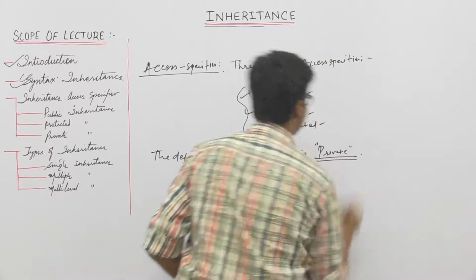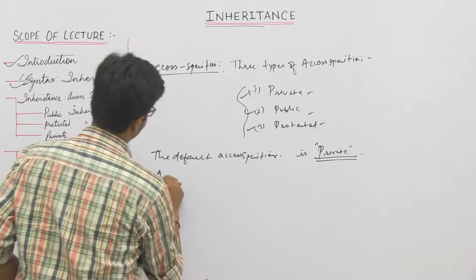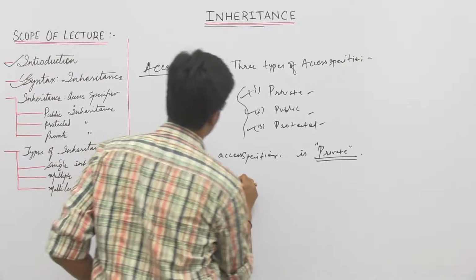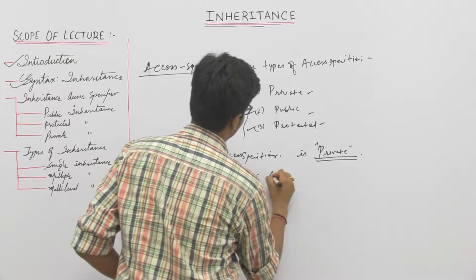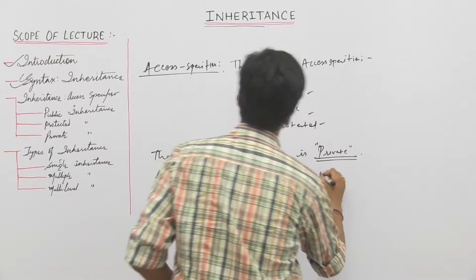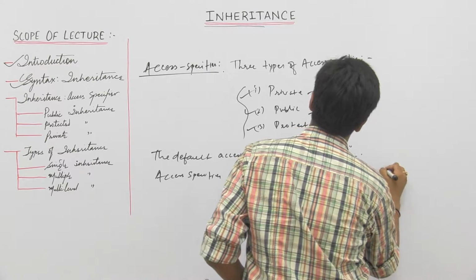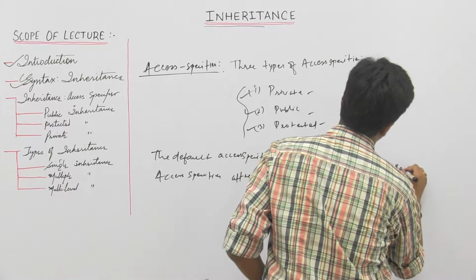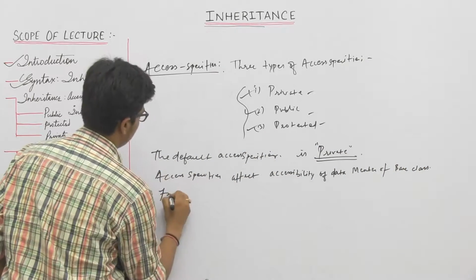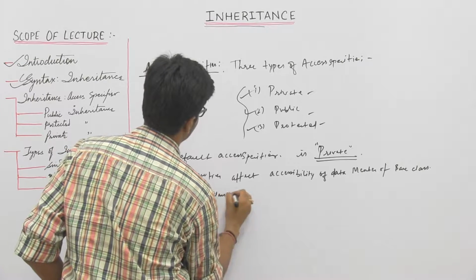Private is taken as a default access specifier. The access specifier affects the accessibility of data members of the base class from the derived class.